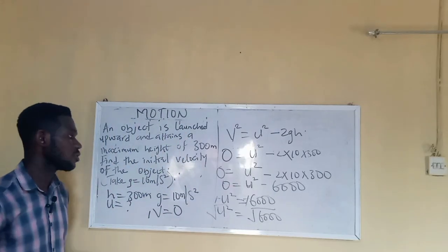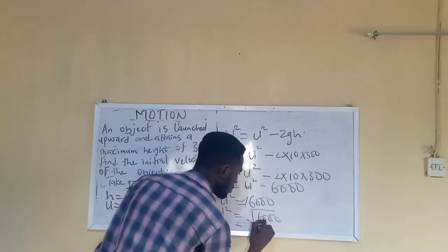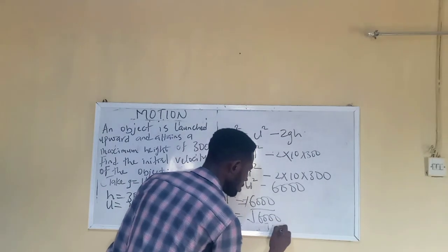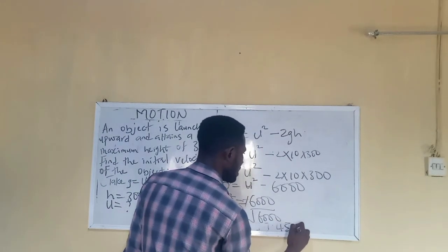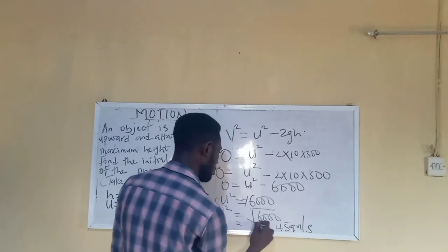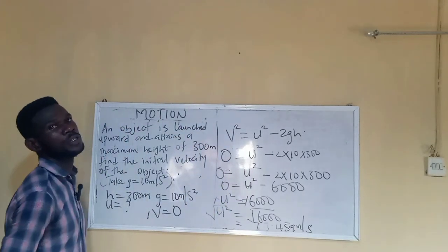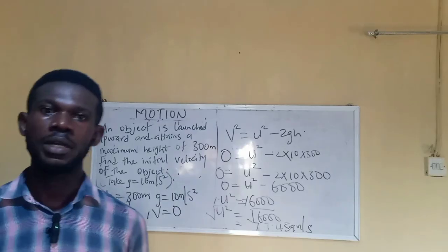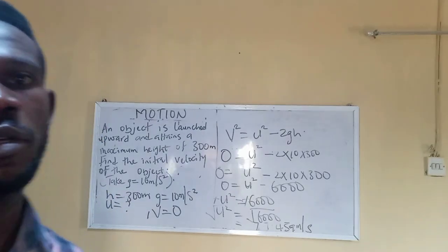And root 6,000 would give you 77.459 meter per second. So this is how the question is carried out.